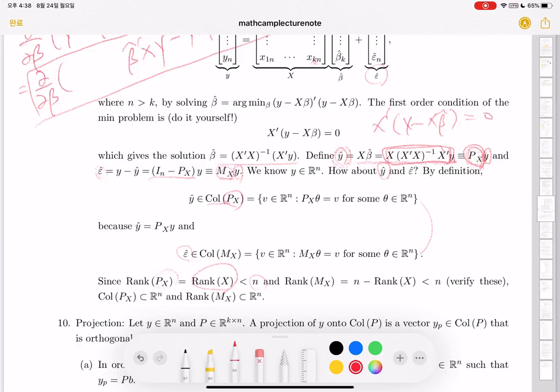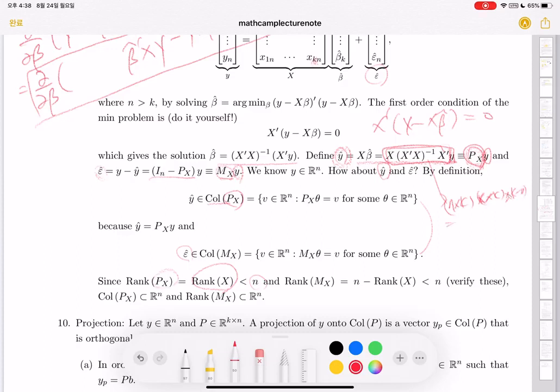So P sub x, what is the dimensionality of P sub x? Here x is n by k, so here you have n by k, and x prime x is k by k, inverse is k by k, and x prime is k by n.